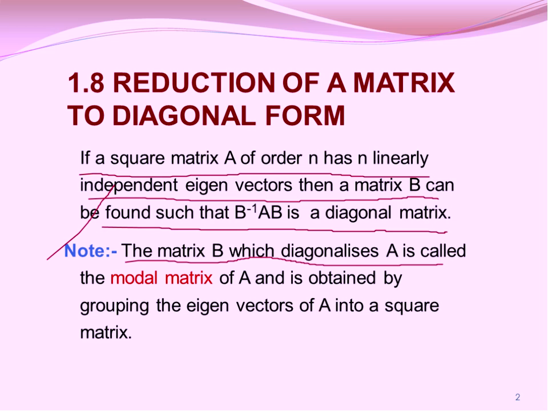Now the matrix B which diagonalizes A is called a model matrix of A, and it is obtained by grouping the n eigenvectors of the square matrix A into an n by n square matrix.